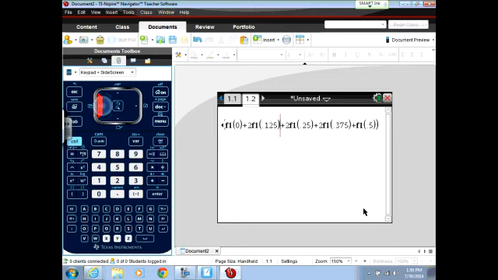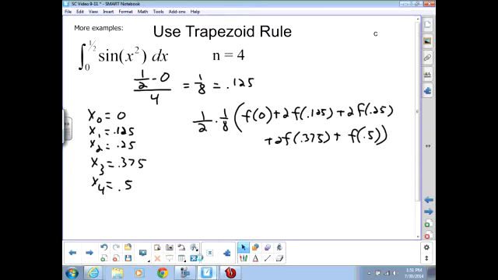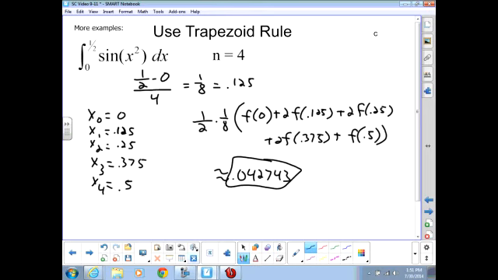I see all the time people have it written correctly on their paper, but they get the wrong number because they didn't punch it in correctly. And we'll get about 0.042743 or so. And again, that's an approximation of our area under the curve of sine x squared from 0 to 1/2.